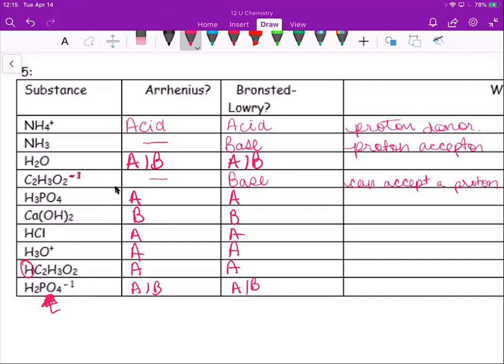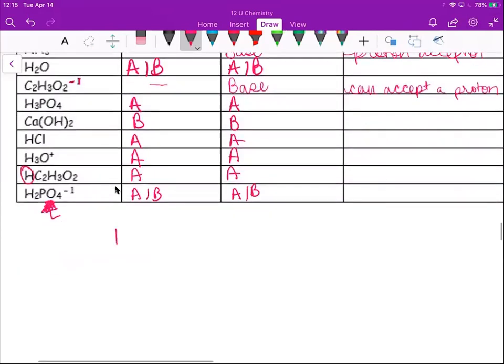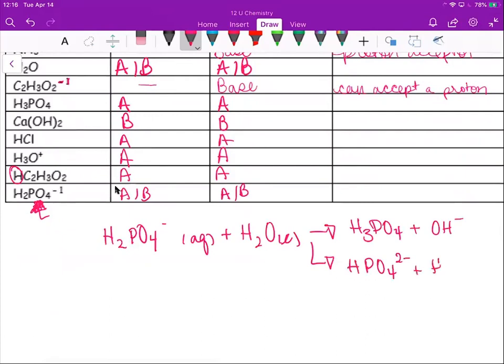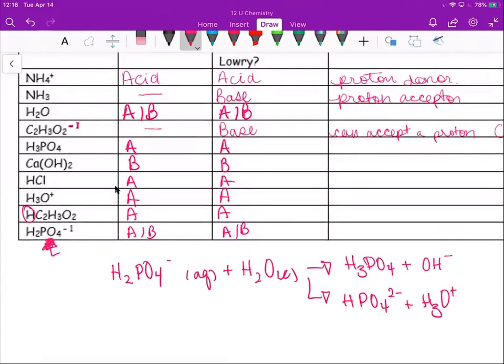And it's because if you're looking at H2PO4- with water, it can either go one way and be a proton acceptor and go back to phosphoric acid, or it can be a proton donor and become a 2- species and then produce hydronium ion. Okay? So that's just going through there. It takes some time recognizing acids and bases and if they're Brønsted-Lowry or Arrhenius.